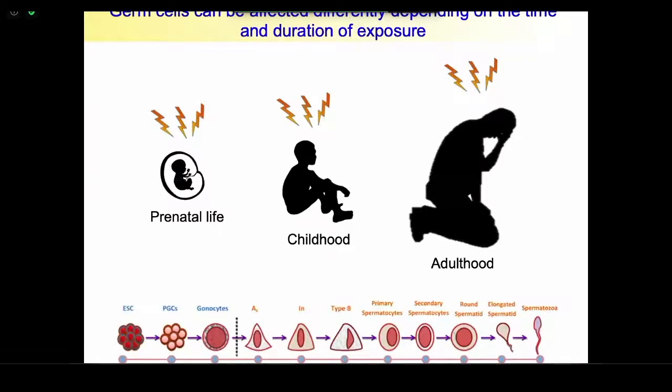And as Victor showed you, germ cells develop constantly, and it's very different if there is stress exposure during prenatal life when there are only precursor germ cells compared to stress exposure in adult life when there are spermatogonia and sperm cells and spermatogenesis is going on.